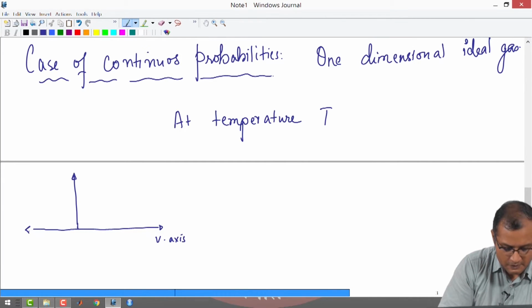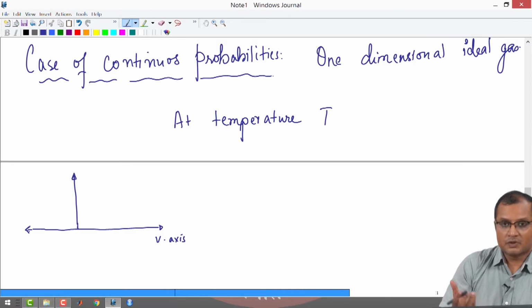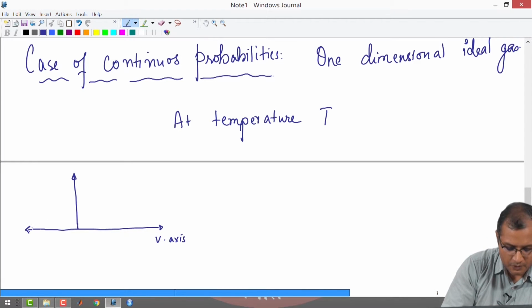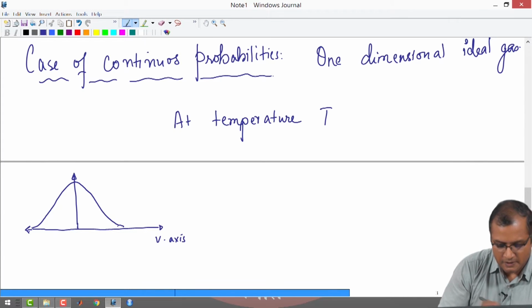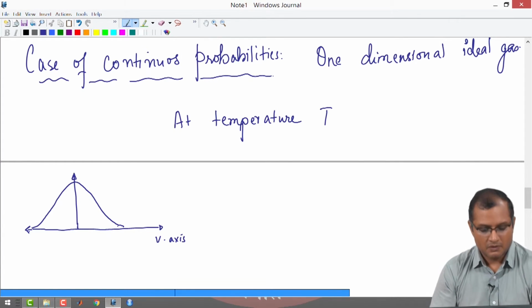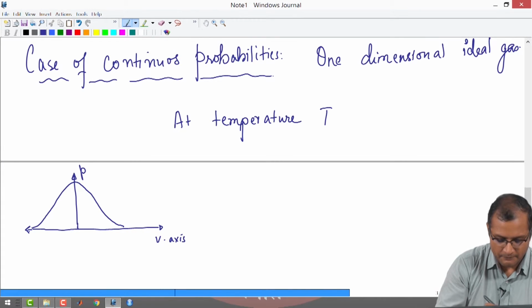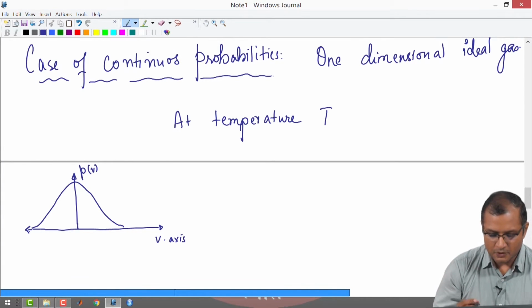So, I have some distribution of v and I know that the distribution is Gaussian or Maxwell-Boltzmann like, and I know the answer.